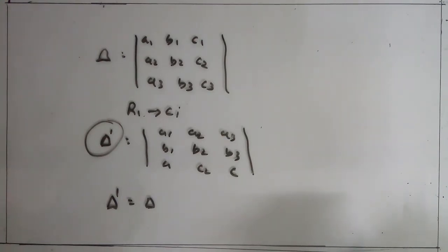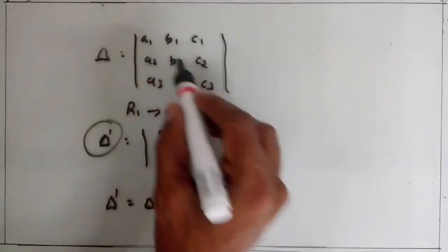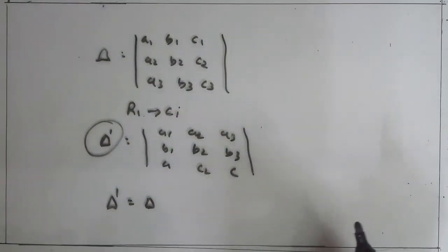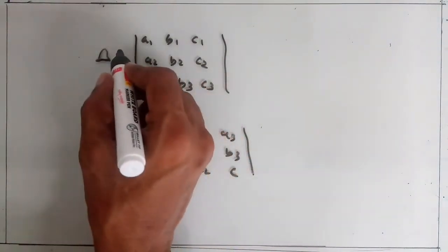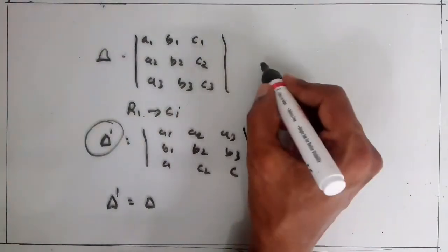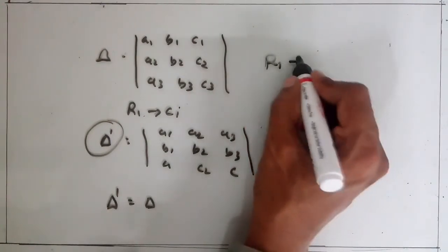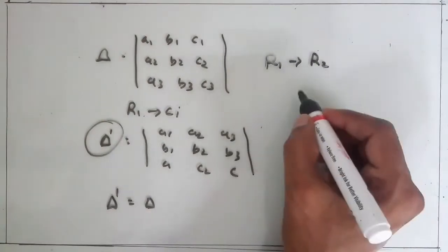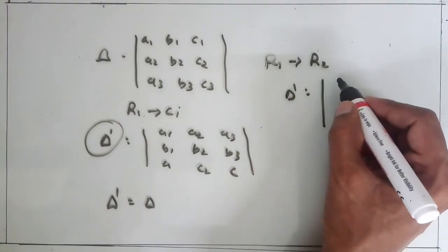Next, if we interchange any two rows or two columns, then the value of the determinant becomes its additive inverse. That is, the sign of the determinant changes. Like in this determinant, if we interchange R1 and R2, the first and second rows change.